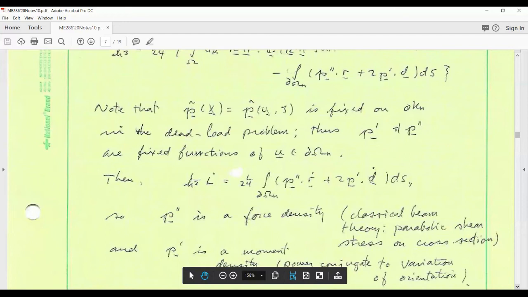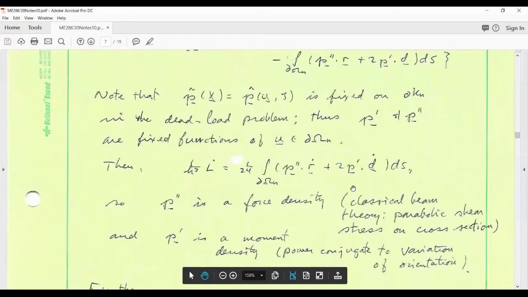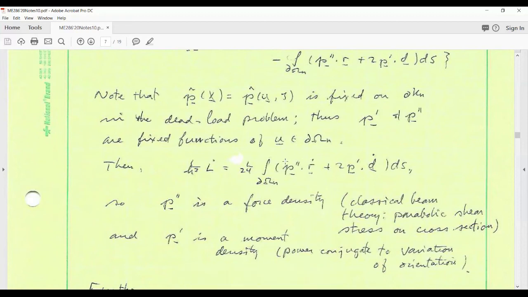I'm pausing to discuss this because, from mechanics, we know that anything that is power conjugate and multiplies a velocity must be a force, right? So this is a force, like a force density. And this is multiplying d dot, which involves also a change in orientation of d, like a rotation. That should be like a moment density, right?